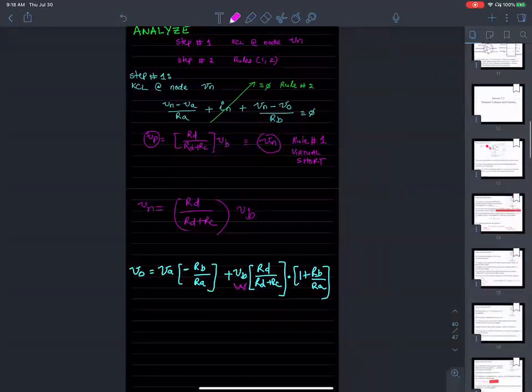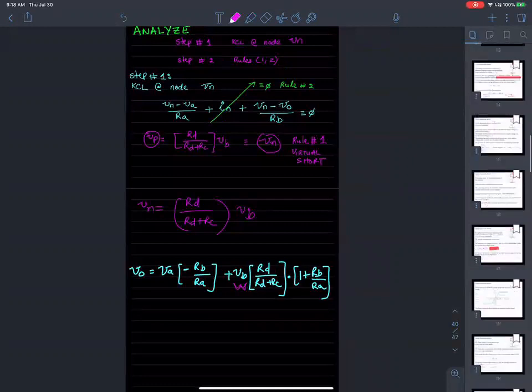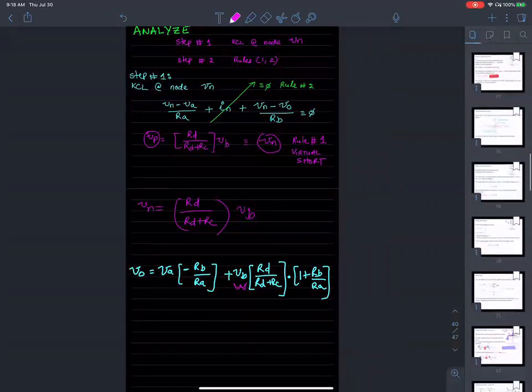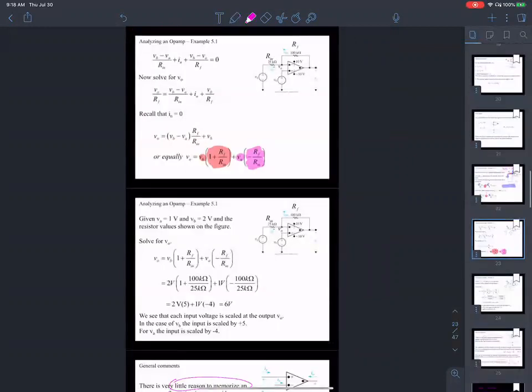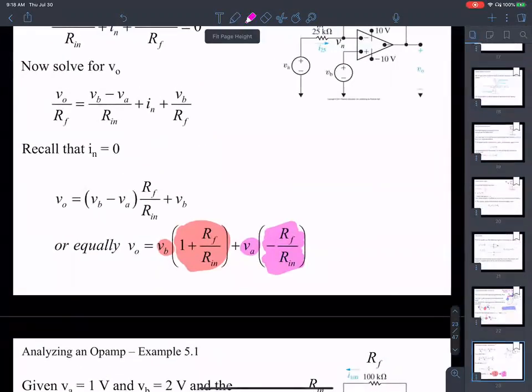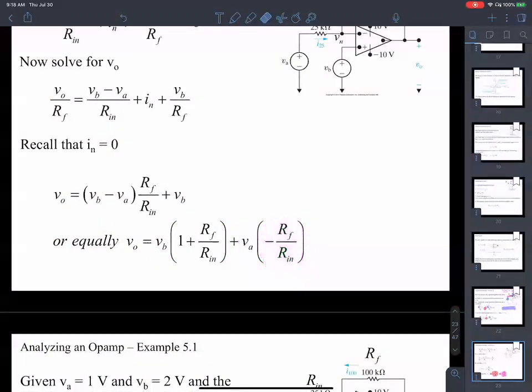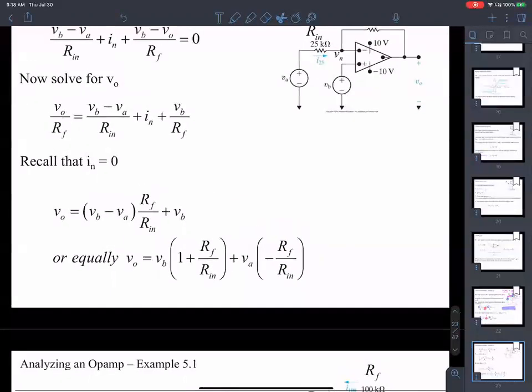So if I go back to this, somewhere in here, okay, see that Vb, let me copy this guy actually. I'm going to copy this. A difference amplifier.